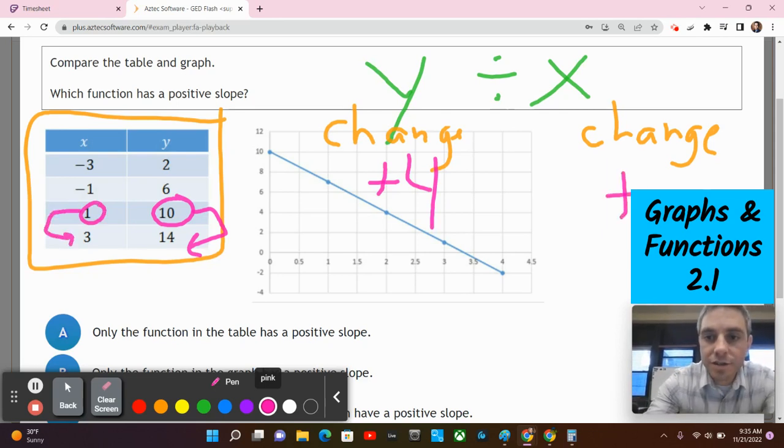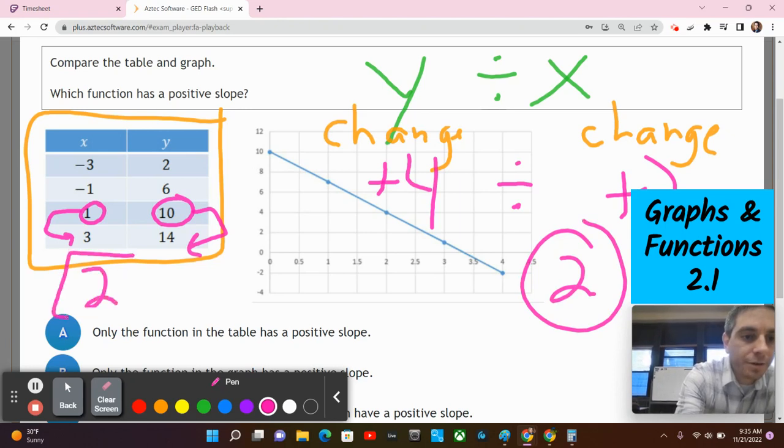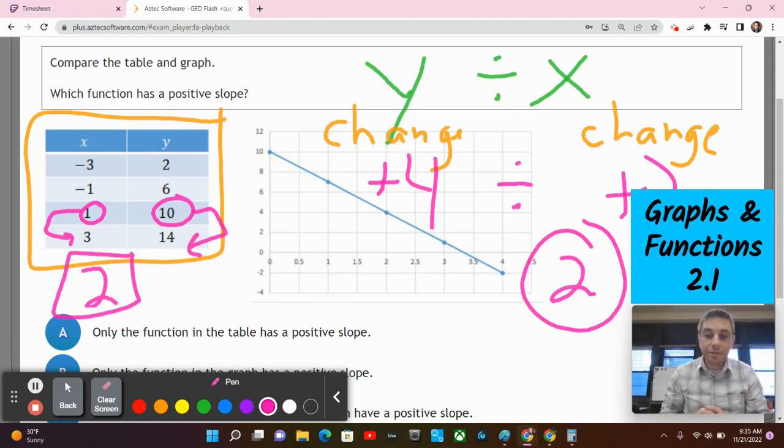That's a change of 2. It's going up 2. We just divide those to get our slope, or our rate. 4 divided by 2 is equal to 2. So the rate of change, according to the table, is positive 2, meaning the y number increases by 2 every single time the x number increases by 1.